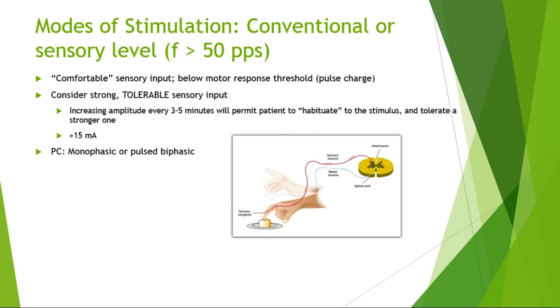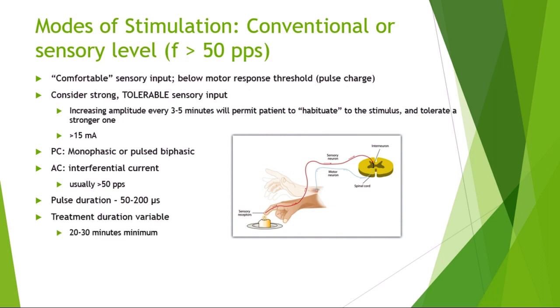Pulsatile current, it's going to be monophasic or normally pulse biphasic. Alternating current, we're doing IFC, and it's usually at greater than 50 pulses per second. Pulse duration, remember we're going sensory level, 50 to 200 microseconds or 50 to 300, you'll see in other sources, but below the motor threshold.